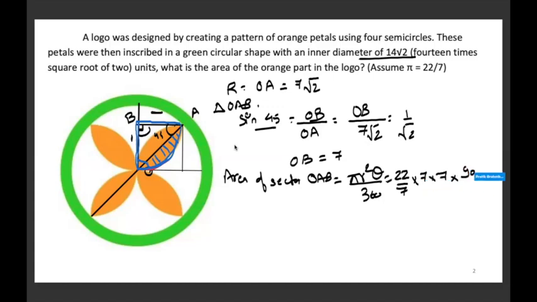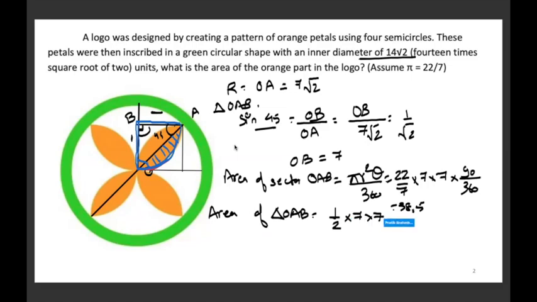And 90 upon 360. Once you find its value, it comes to 38.5. Also, we'll find the area of triangle OAB, which is half into 7 into 7. Base is 7, altitude is also 7, which comes to 24.5.